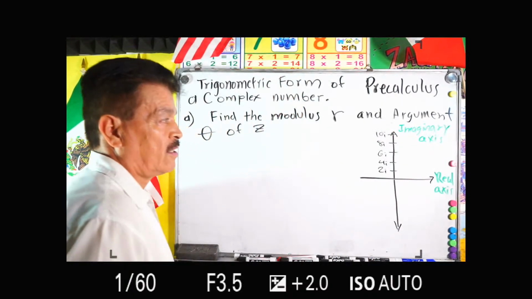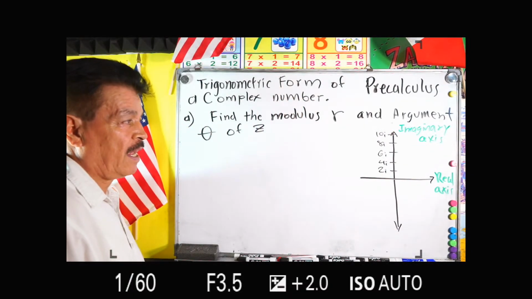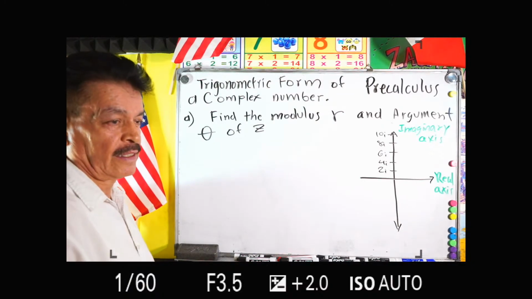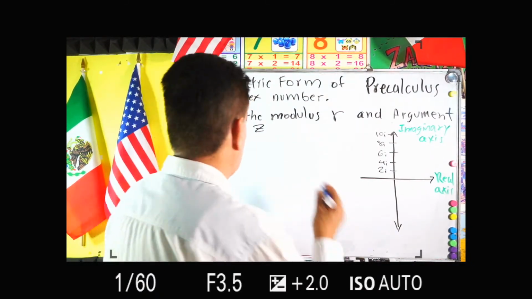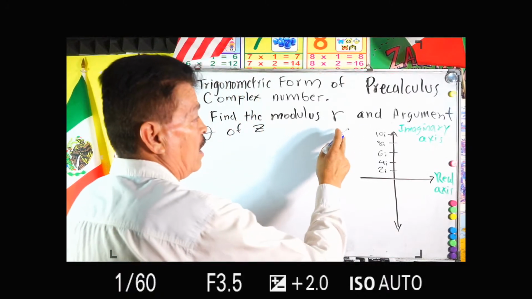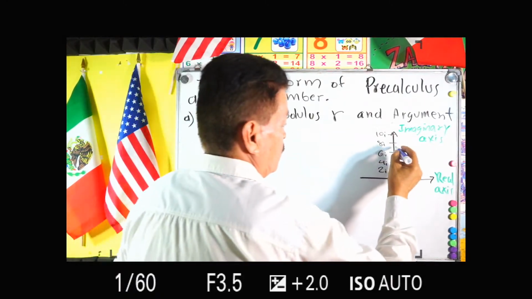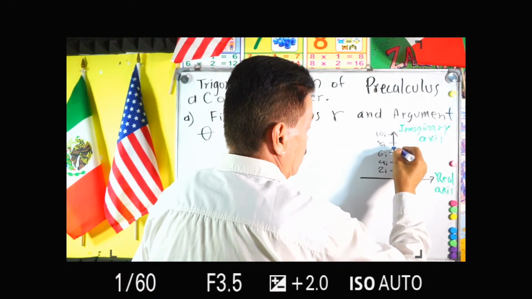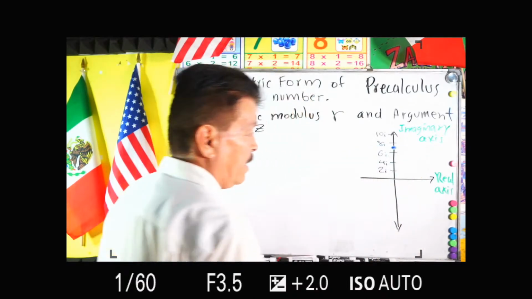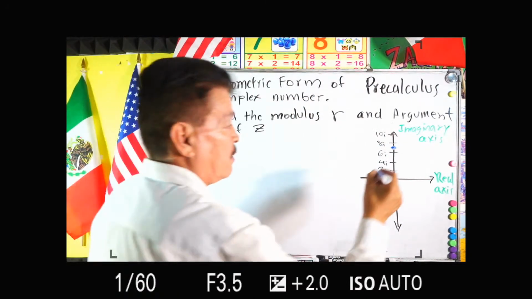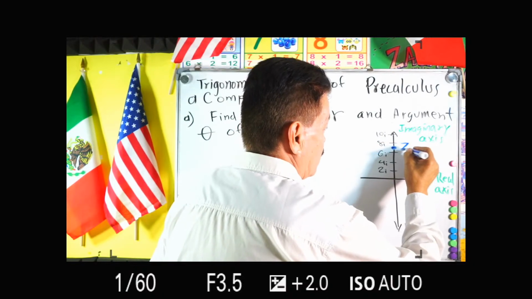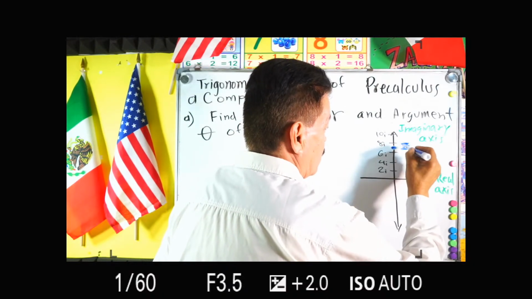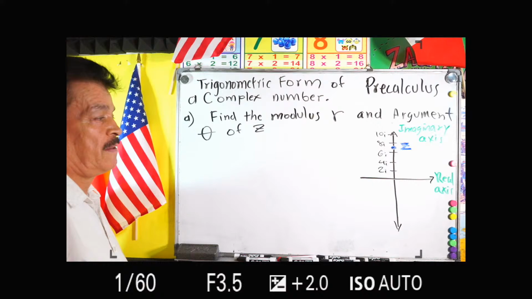So the imaginary axis and the real axis. And then our problem is going to be right here. We have to find the modulus and argument of this point. The point will be right here. Right there is the point z. That's our problem right there.